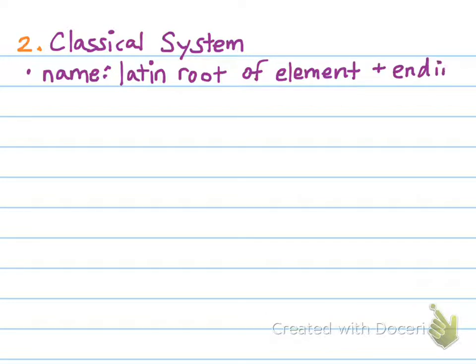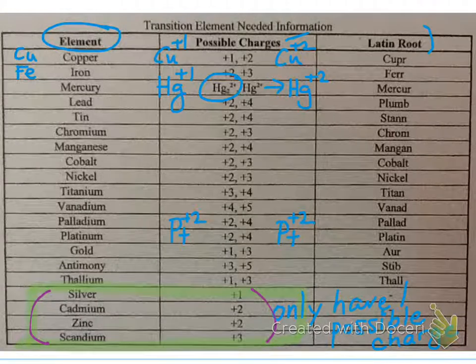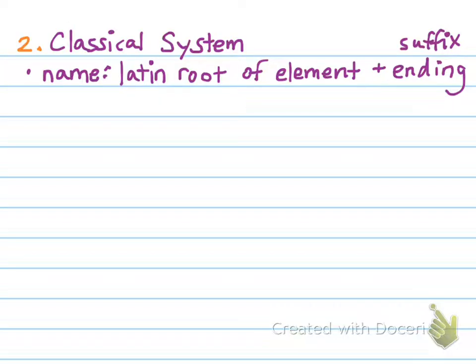And the proper English term for an ending is a suffix. Okay, so we're going to use that Latin root of the element plus the ending, which is why, again, on your helper sheet, you have those Latin roots. Not something you have to have memorized. It's right here on your helper sheet for you. Okay?